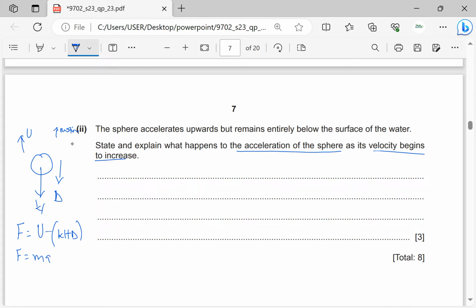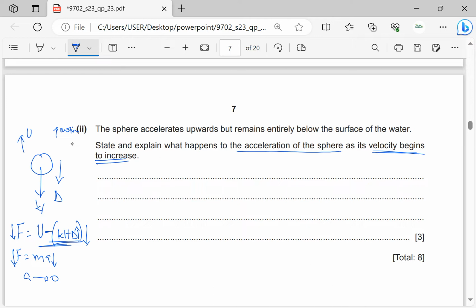So as the velocity begins to increase, the drag force increases in the opposite direction. So the drag force increases, meaning that this sum becomes bigger, but there's subtraction here. That means the whole of this becomes smaller. So the resultant force decreases, and when the resultant force decreases, the acceleration also decreases. So it means the acceleration is tending to zero. So finally, the speed will become constant.